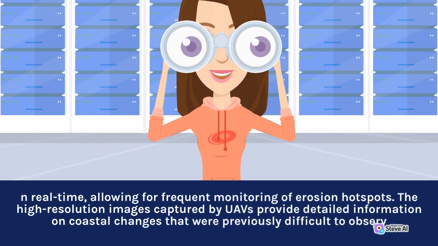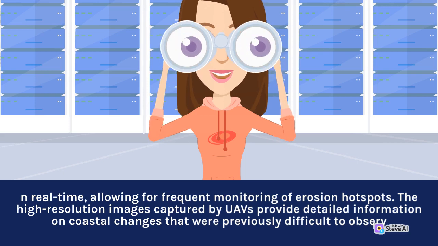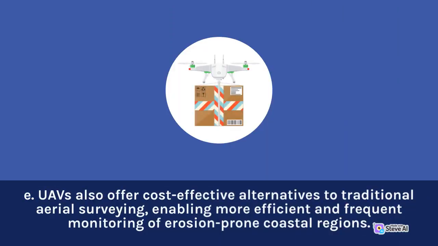The high-resolution images captured by UAVs provide detailed information on coastal changes that were previously difficult to observe. UAVs also offer cost-effective alternatives to traditional aerial surveying, enabling more efficient and frequent monitoring of erosion-prone coastal regions.